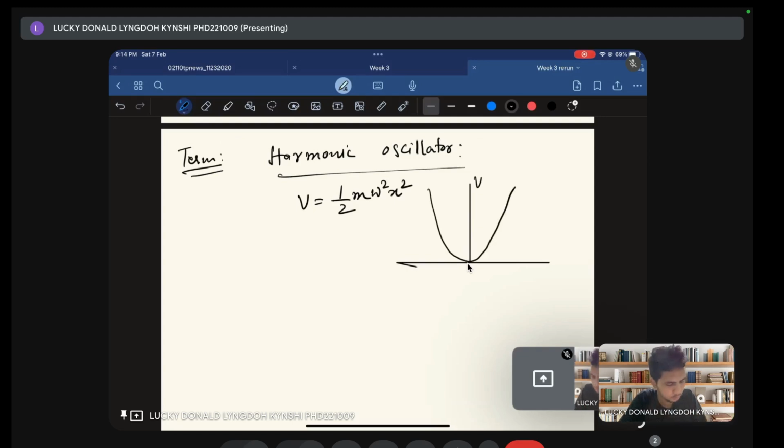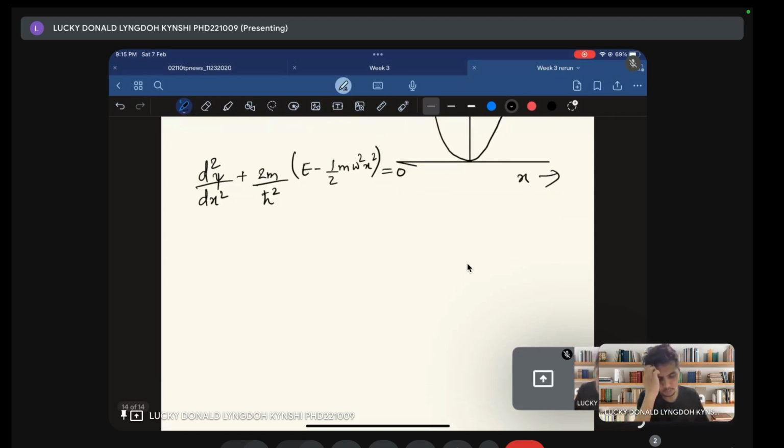This is the potential V of x and this is x. To solve this problem, I have to write the Schrodinger equation: d square psi by d x squared plus twice m by h cross squared, E minus V, where V is half m omega square x square, equal to 0.